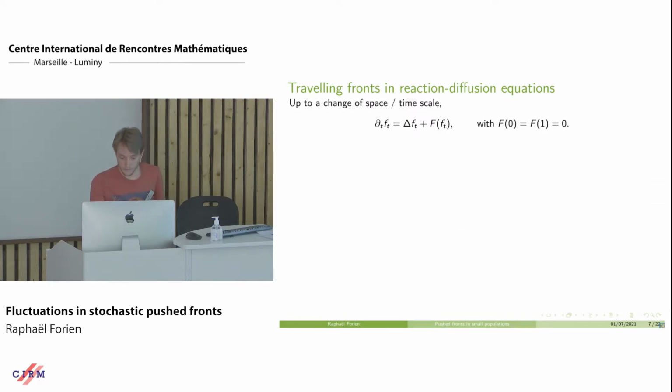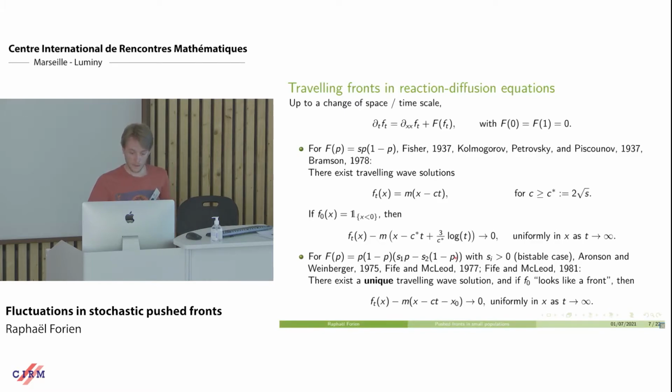These deterministic equations are well studied, so for simplicity we can just consider the one-dimensional case for now. In the case where f of p is p(1 minus p), it's the famous Fisher, Kolmogorov, Petrovsky, and Piskunov equation, where we know that there exist traveling wave solutions. These are special solutions of the form m of x minus ct, a fixed profile that is moving at a constant speed c. These exist for any c larger than some c star that is twice the square root of s.